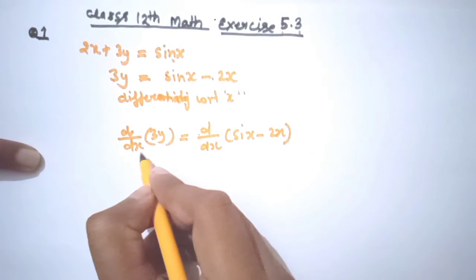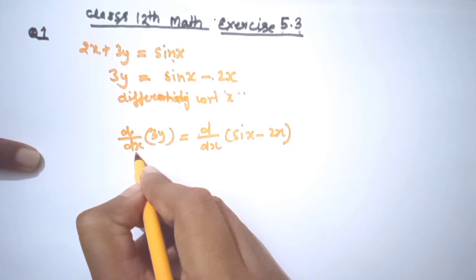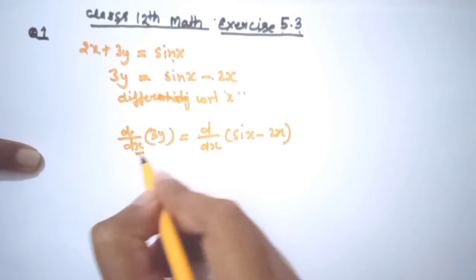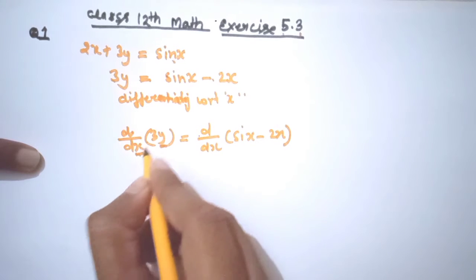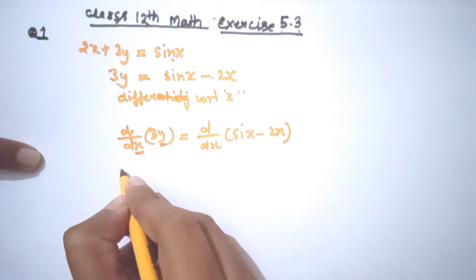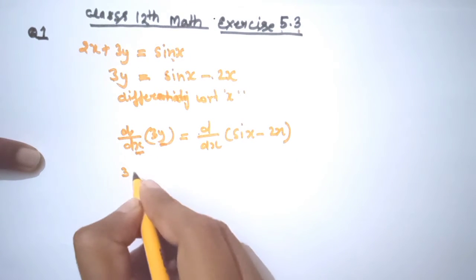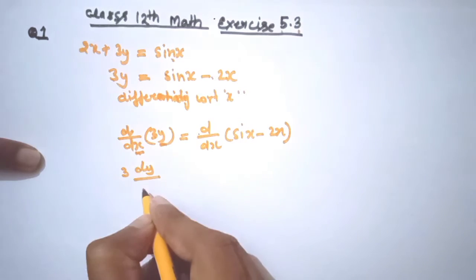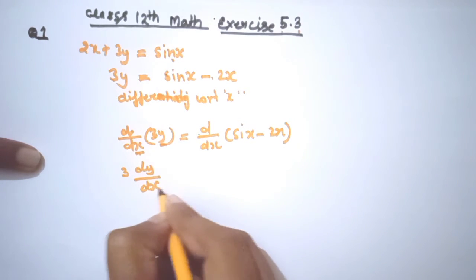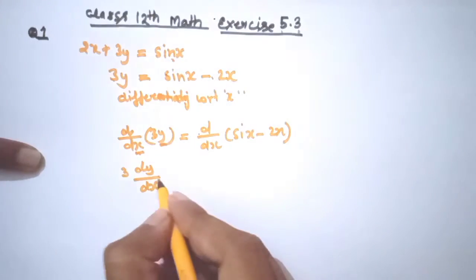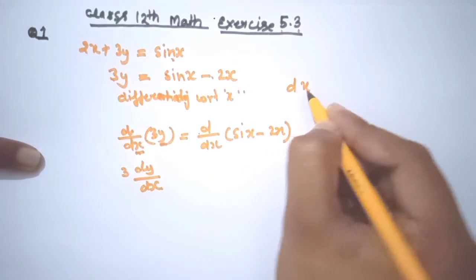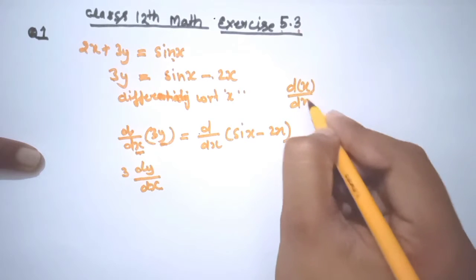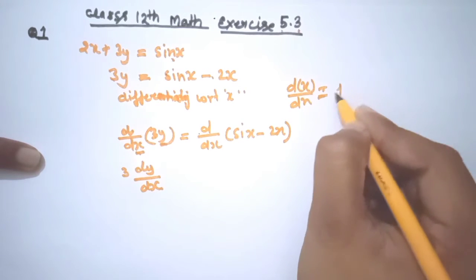Now see, we are differentiating with respect to x, and here it is y, so we will note it. See, 3 is constant, so it will be 3 here, and we will note 3 dy upon dx. If it were only dx by dx, then we could write it as 1.